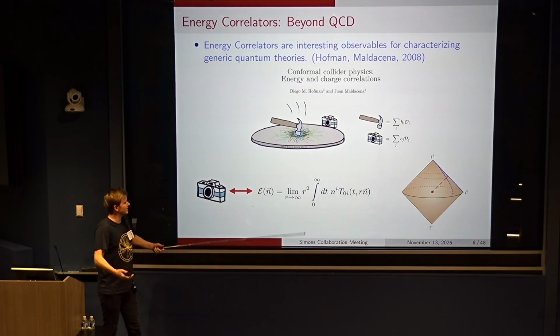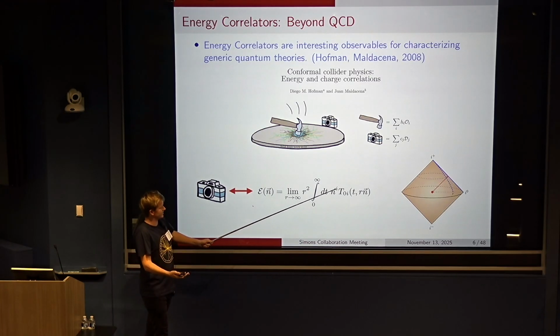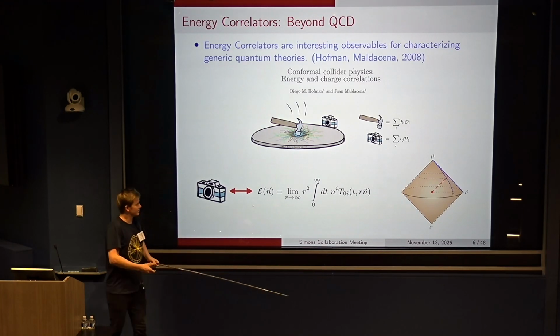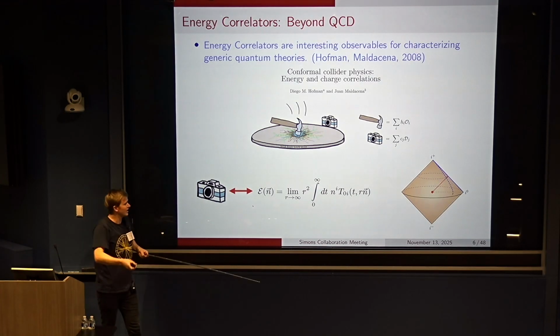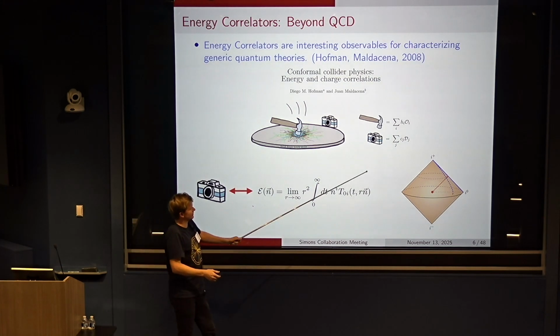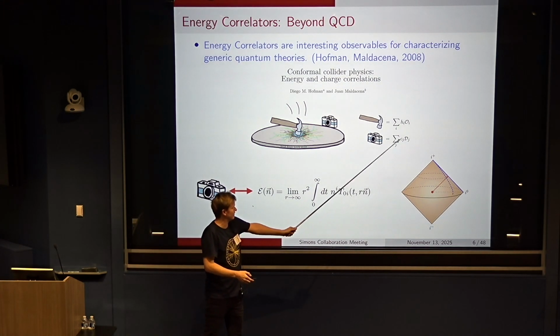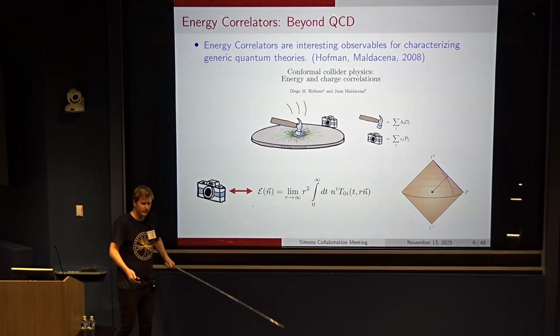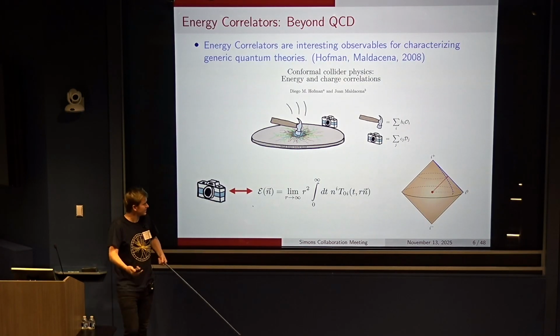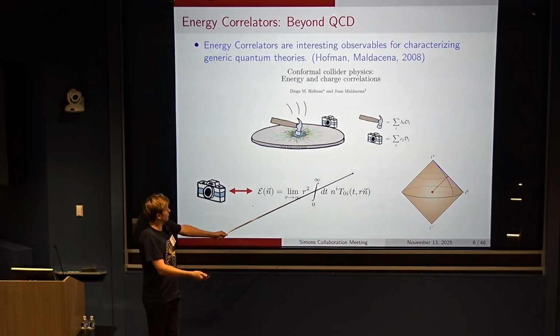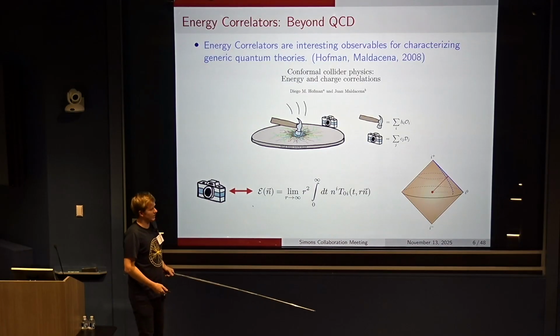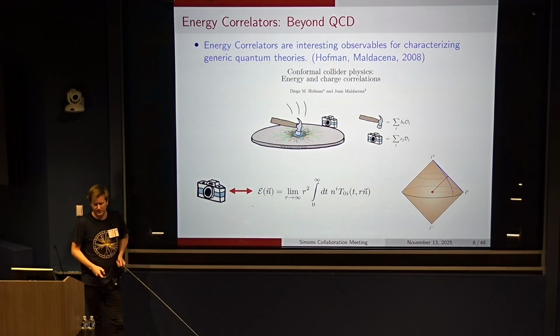But you can really write it as a particular integral of the stress tensor of your underlying theory. So you dot it into some particular direction, take it off to infinity, and so if all the particles in your theory are massless, you really just integrate it along future null infinity. And so this provided a nice connection between these detector operators and the local operators of your underlying theory.